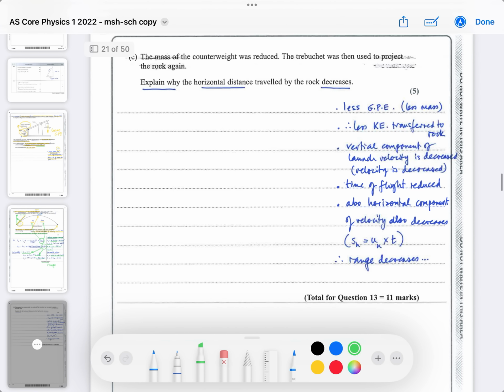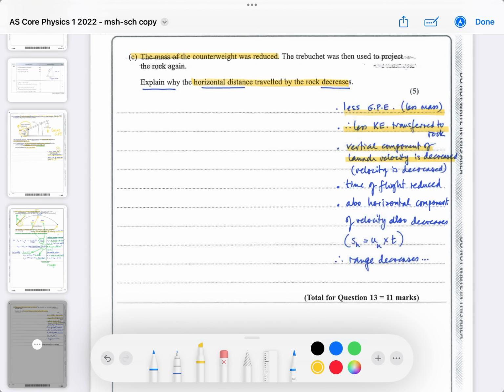Then it says the mass of the counterweight is reduced. The trebuchet was then used to project the rock again. Explain why the horizontal distance decreases. You've got less gravitational potential energy because the mass of the counterweight is less, so therefore you get less kinetic energy transfer to the rock. Therefore the vertical component of the launch velocity is also decreased.